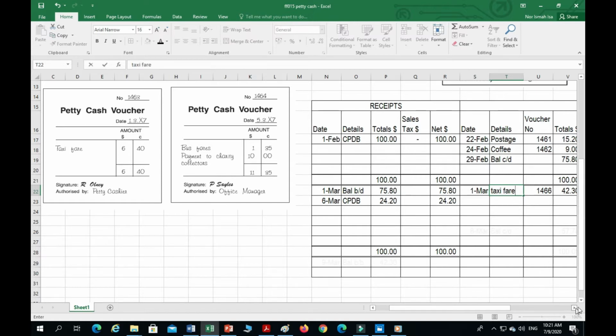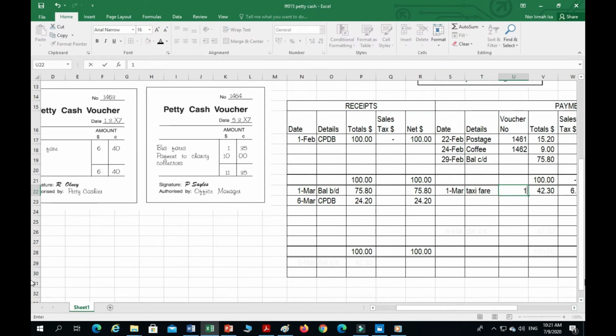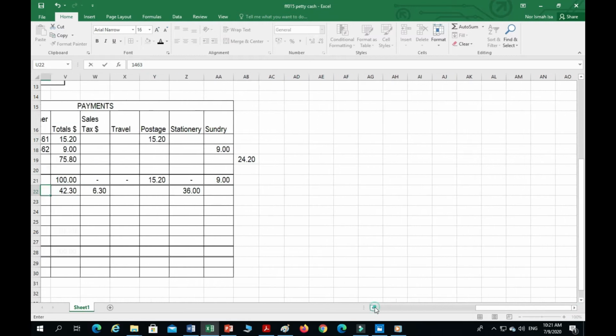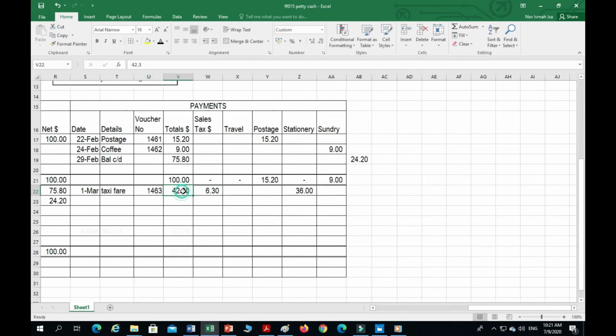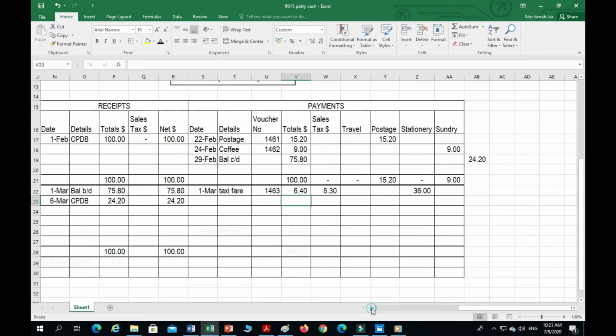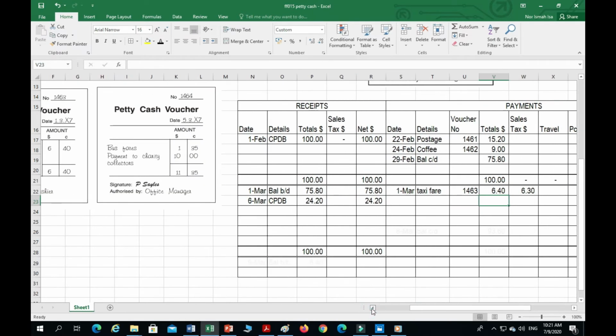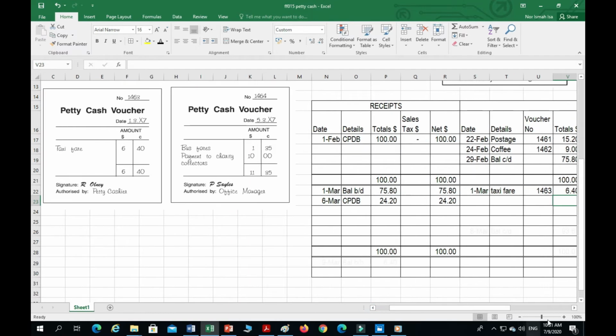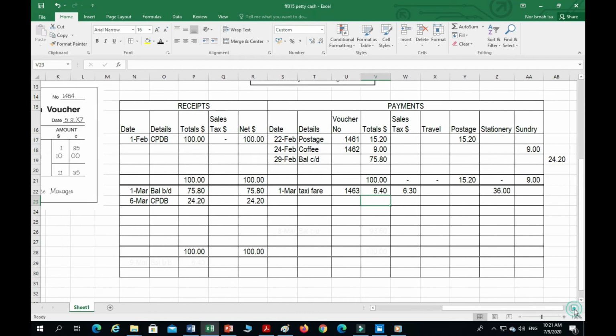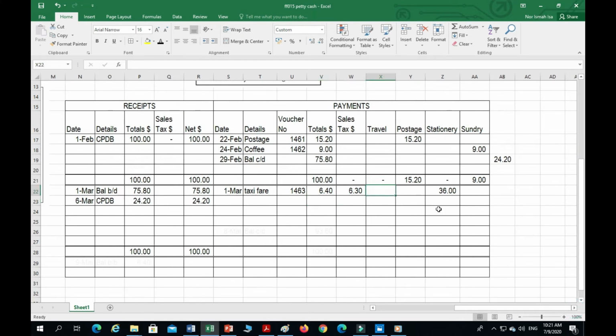The voucher is 1463. The amount is 640. So we put this amount under travel.